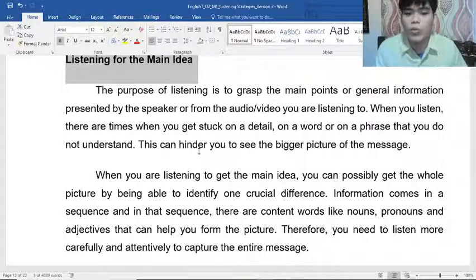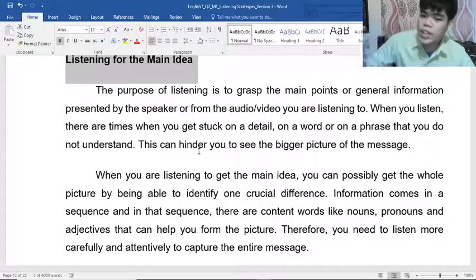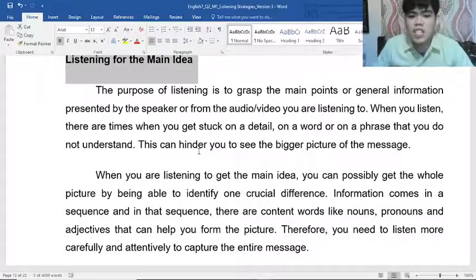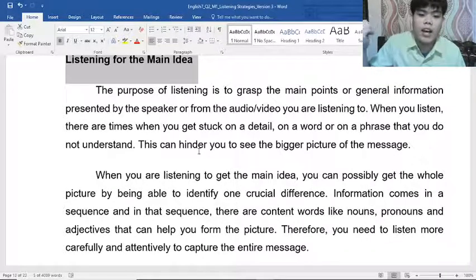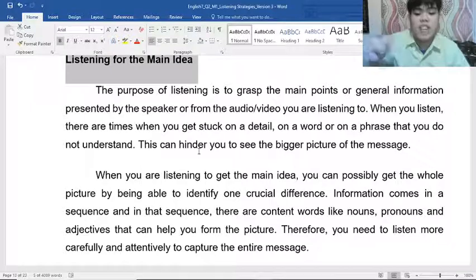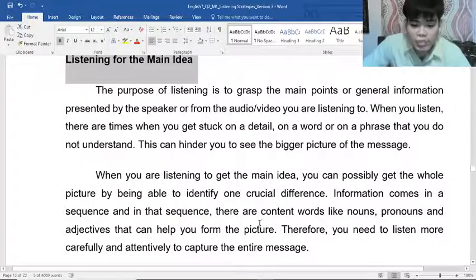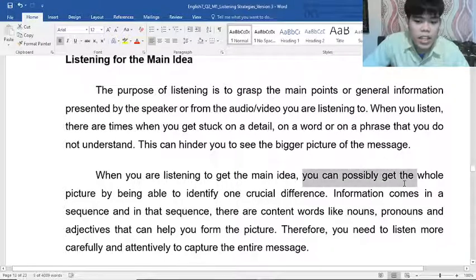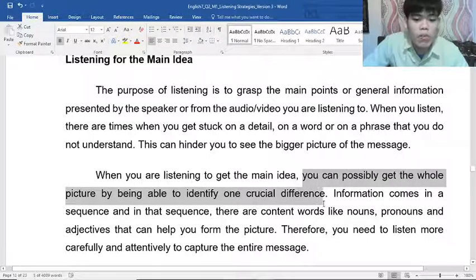But you don't need to focus on everything that the suspects or the victims would say. What you only need to do is listen or find the main idea of what they are saying, so that, as I stated here, you can possibly get the whole picture by being able to identify one crucial difference.